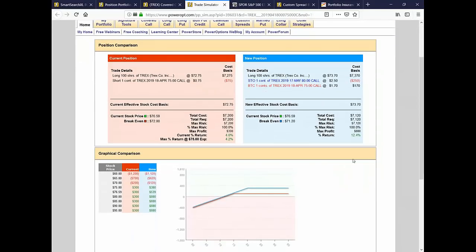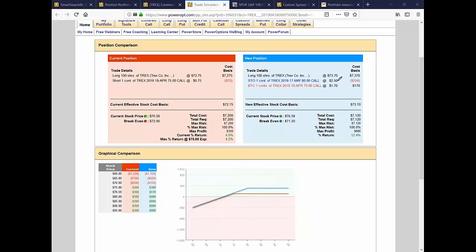This gives you a side-by-side comparison. Your current position on the left in red, and what your new position would look like on the right in blue, and your two profit and loss charts, the original and now my new profit and loss chart if I decided to roll this position.